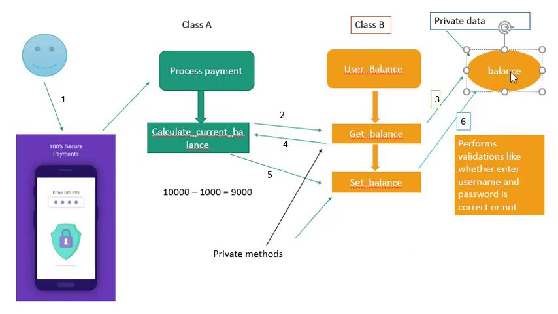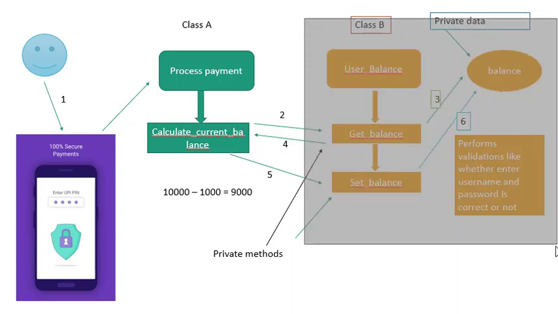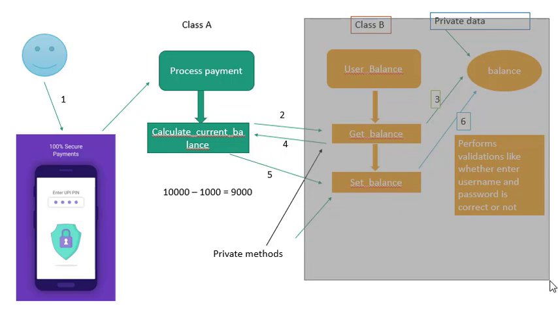This is the data, the balance, which we are protecting, and it is hidden behind the get method for accessing from outside, and the set method for being overwritten or updated. It is hidden behind these two methods, and this whole class is there just to protect this. So this concept, this portion here, is known as encapsulation.